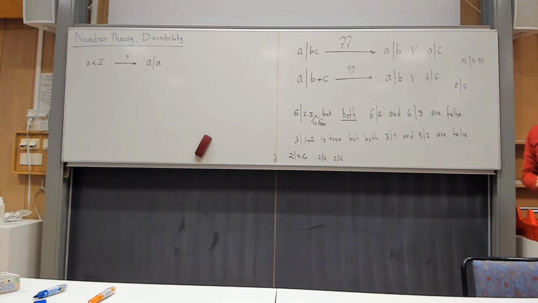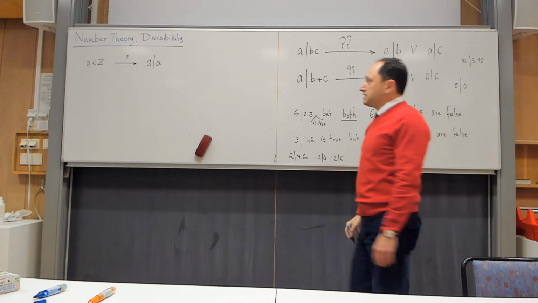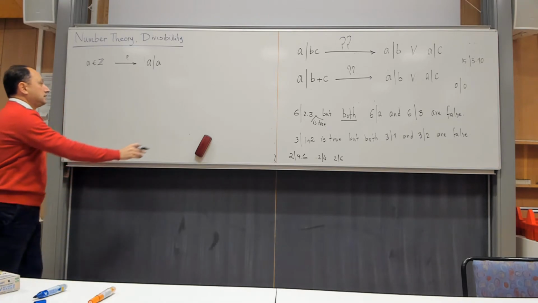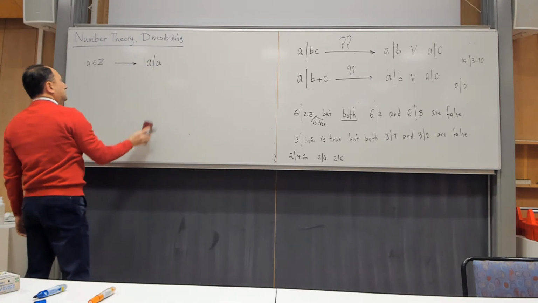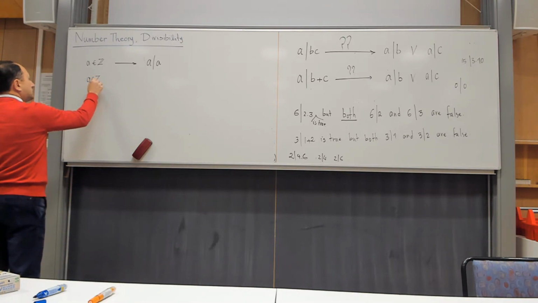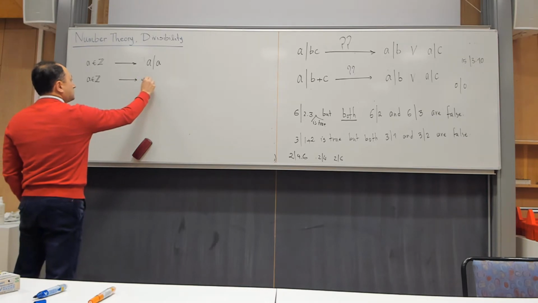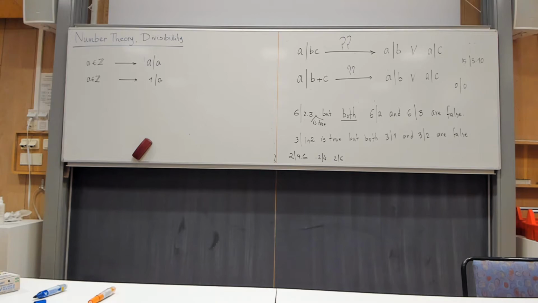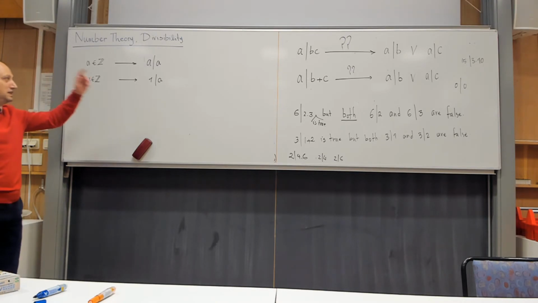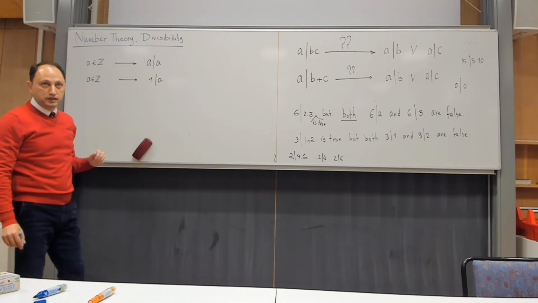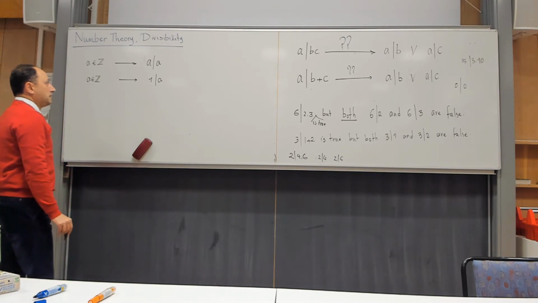So if A is an integer, you can immediately conclude this. If A belongs to Z, can I conclude that 1 divides A? A divided by A is an integer, because it is A itself. So that is also true.